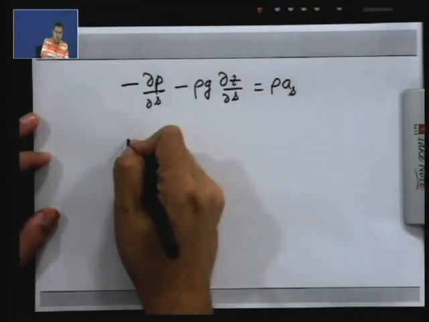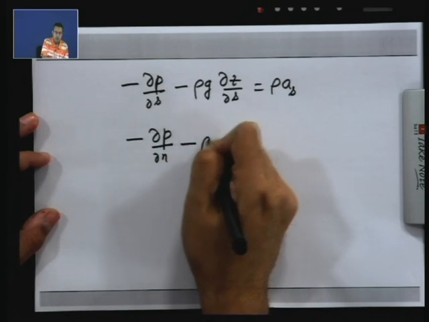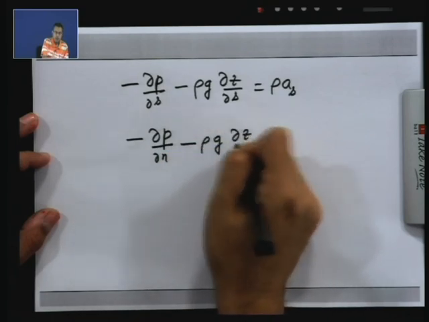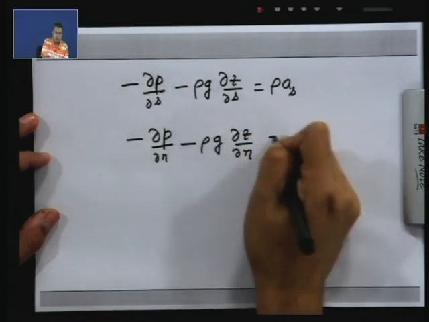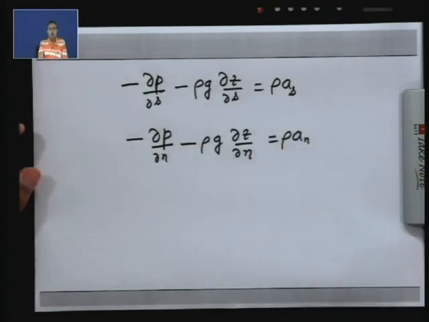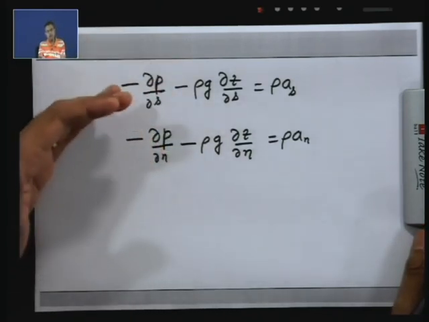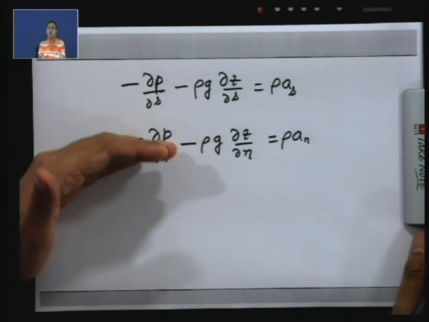So we can write minus del p del n minus rho g del z del n is equal to rho a_n. So we will try to apply this equation for a very simple problem to illustrate the concept. So this is again like the Euler's equation, but written in streamwise and cross streamwise coordinate.